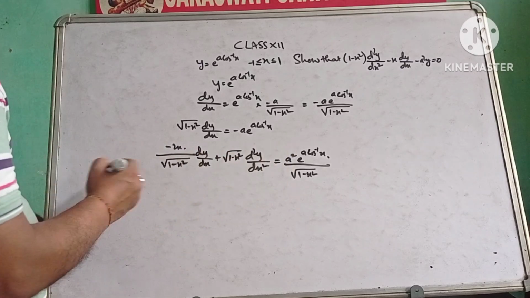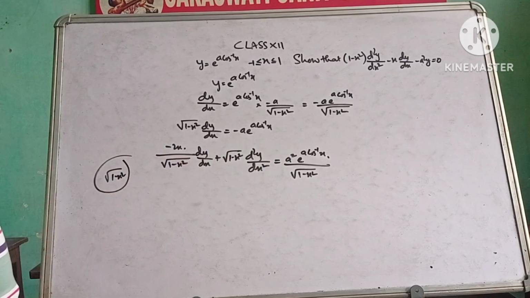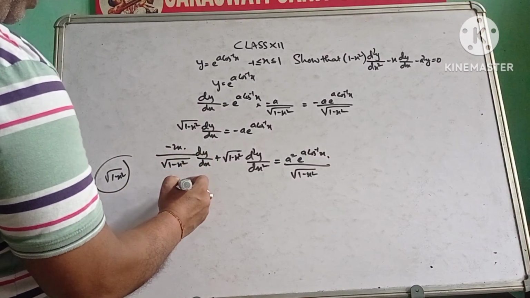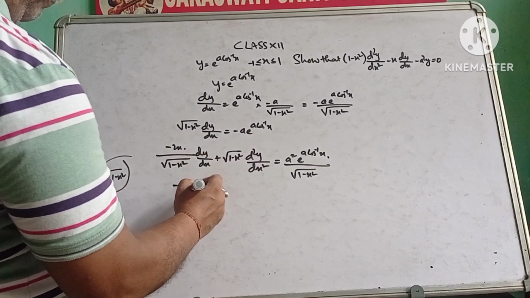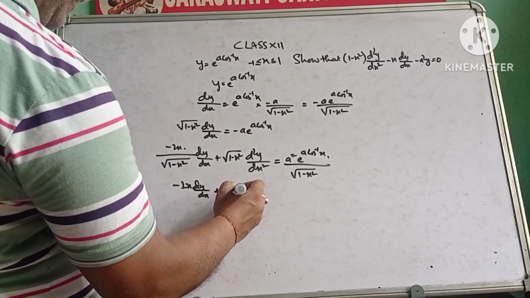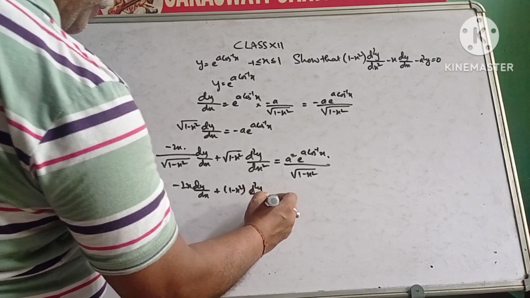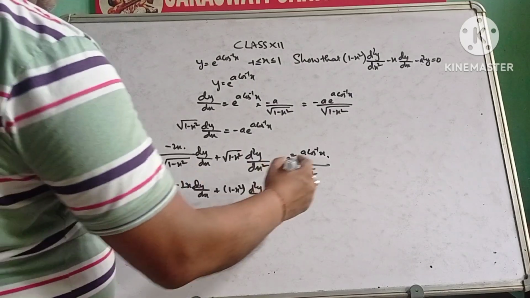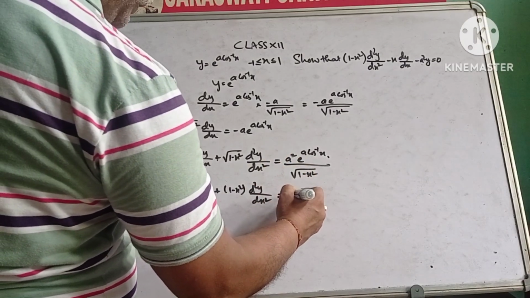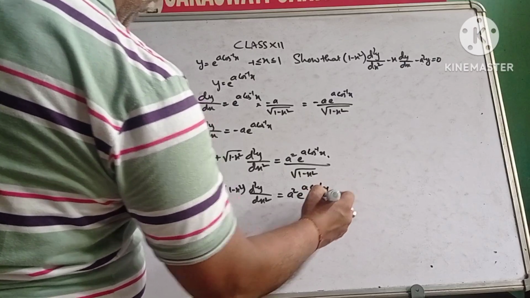Now you multiply both sides by root 1 minus x square. You are going to get minus x dy by dx plus 1 minus x square d2y by dx square, and this will be a square e to the power of a cos inverse x.